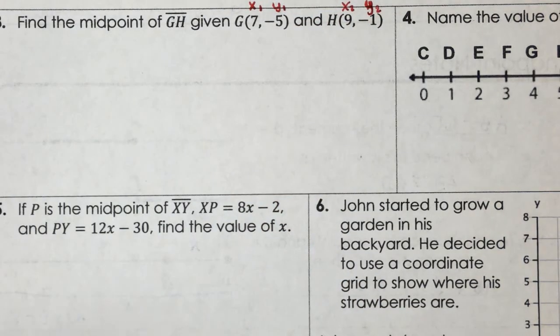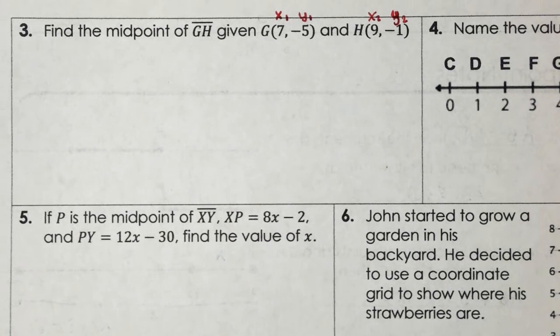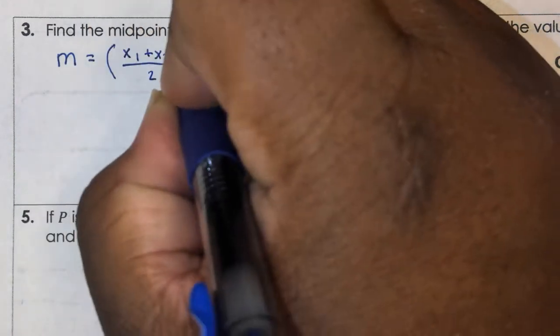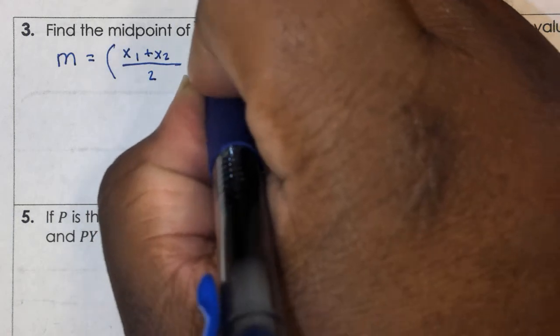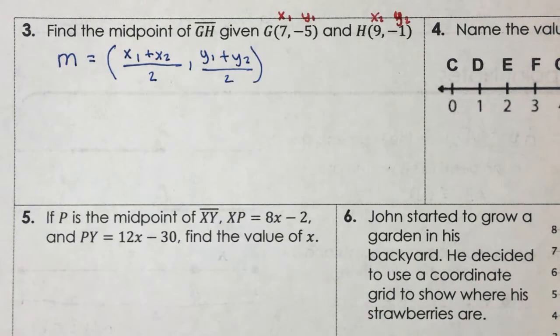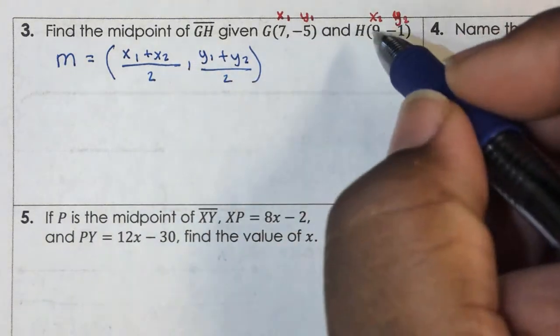Alright. I'm going to start by labeling those first. And then I'm going to write my midpoint formula in. Midpoint equals parentheses x1 plus x2 divided by 2, comma, y1 plus y2 divided by 2. Once you write it in, then you pull your points. If you have it labeled, it should be easy to do.